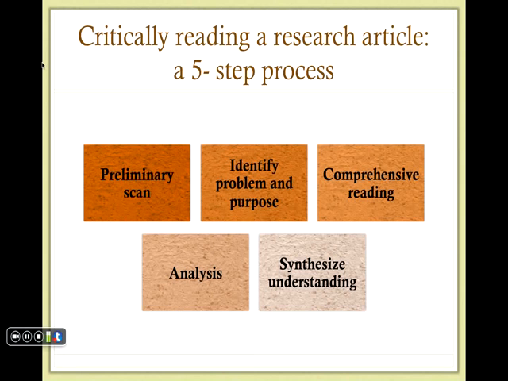Then you want to hone in on the problem and the purpose. Why did the researchers bother to do this study, and what answers are they hoping to obtain? Then you want to comprehensively read the article, highlight things that you think are relevant, and then you go back and analyze the article and try to synthesize understanding.